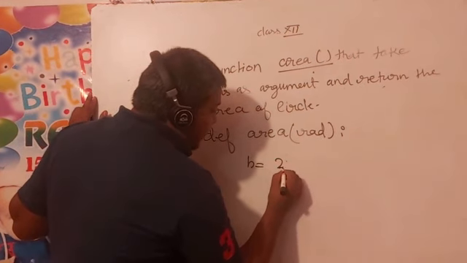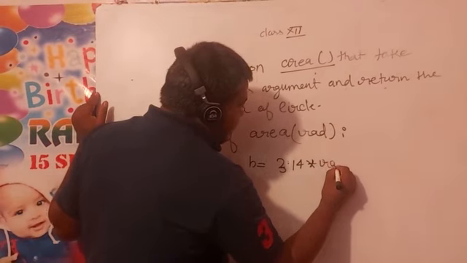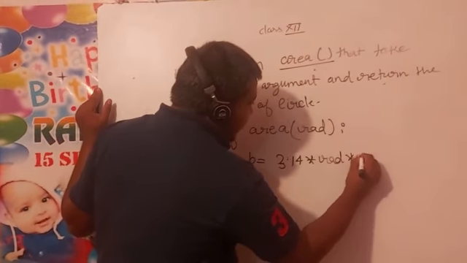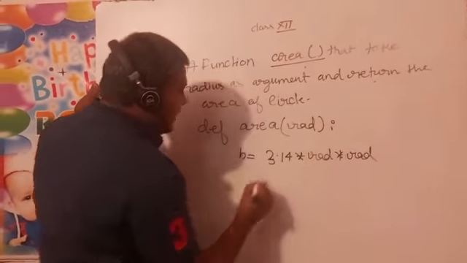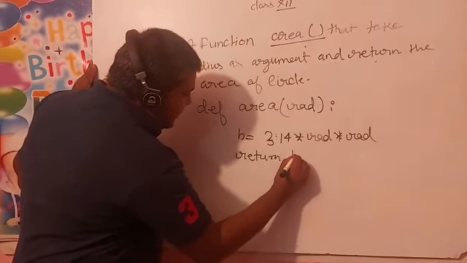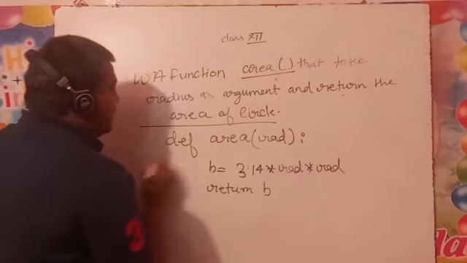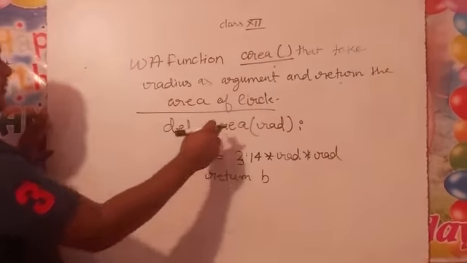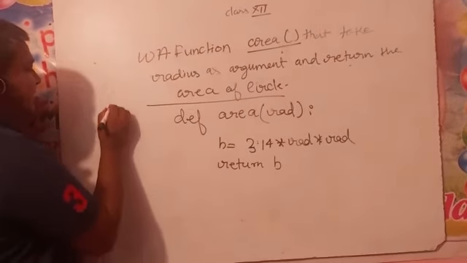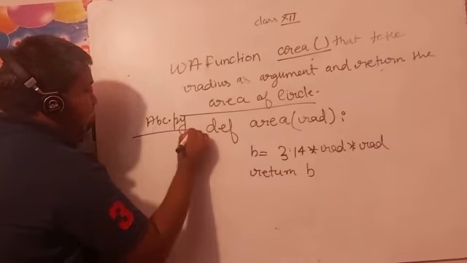We will take 3.14 into radius into radius. And in the last we write return b. This is the start of the program. We start from def area and we will save this program with the file name abc.py.